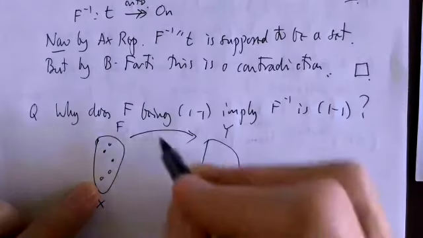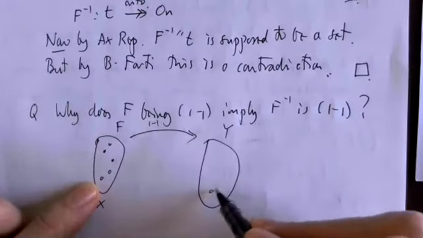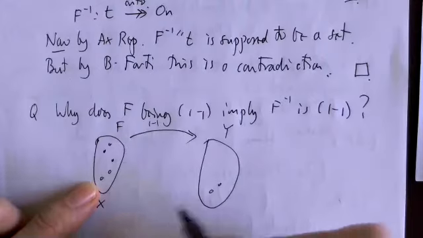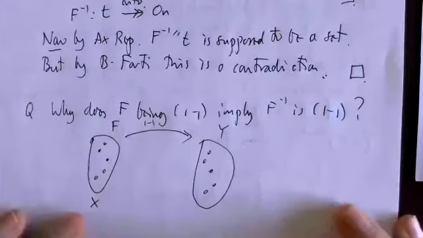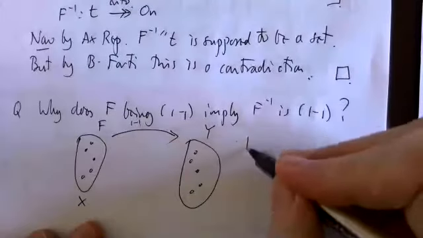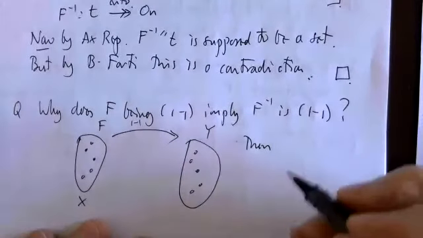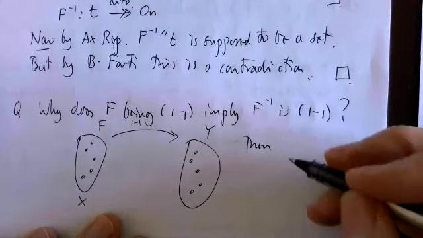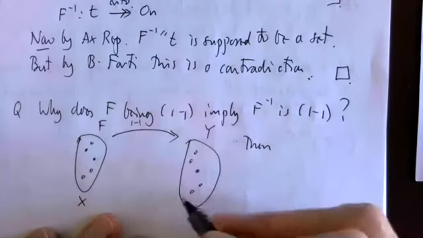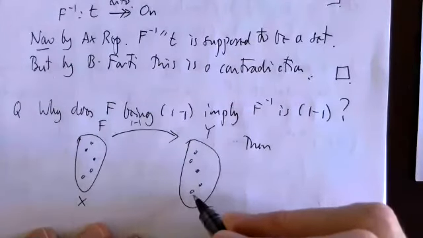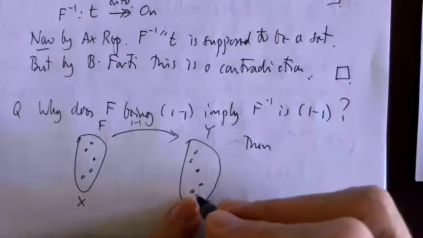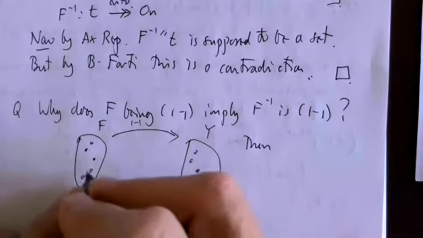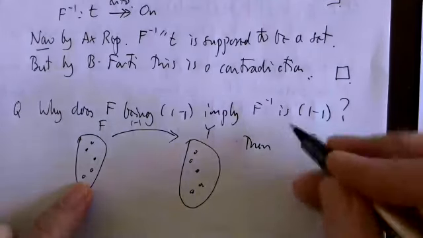It's 1 to 1, so it's sending different things to different things. All you have to do to invert the function, this is kind of first year foundations and proof, is go from these different things back to the different things they came from.